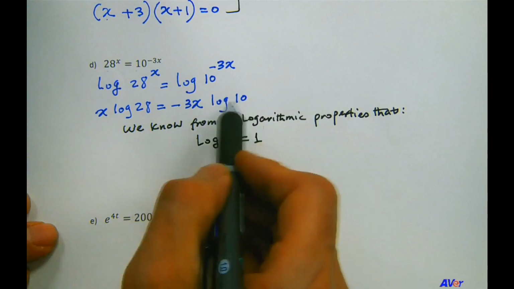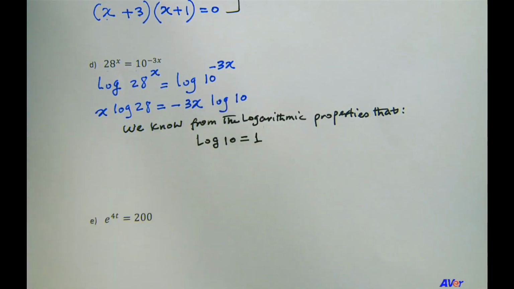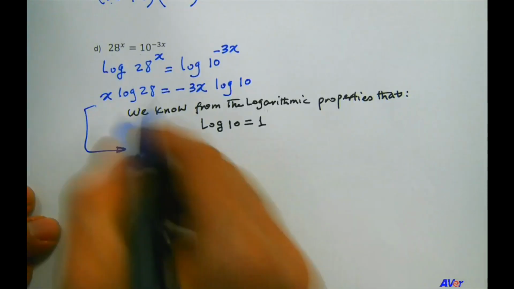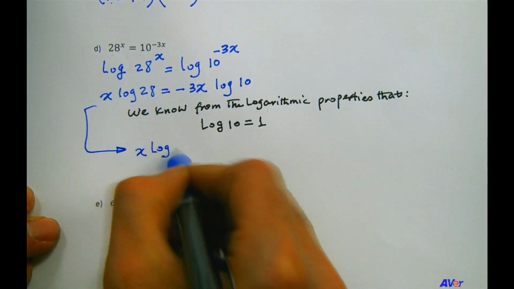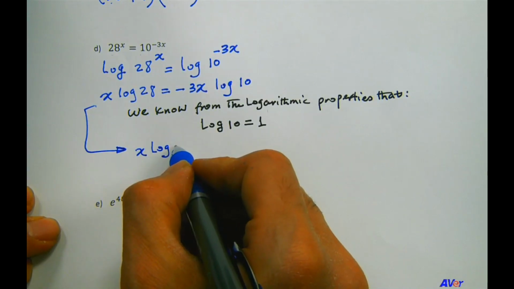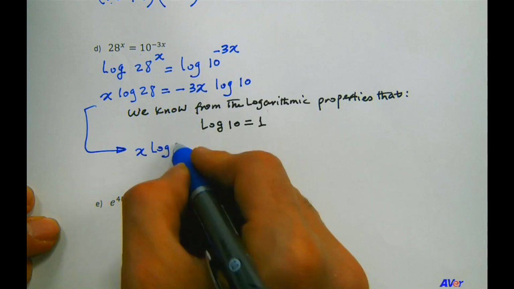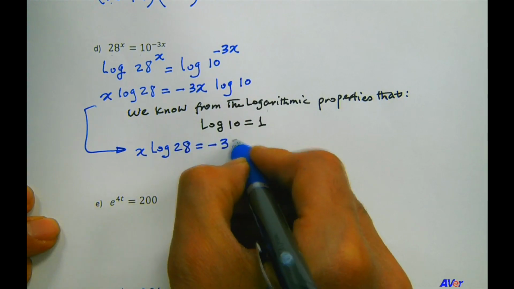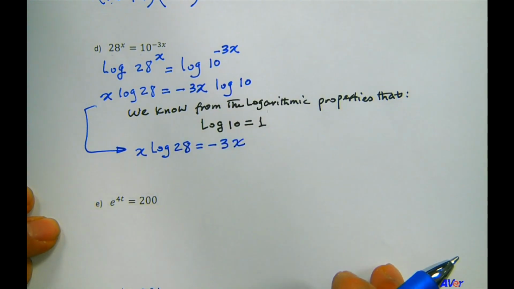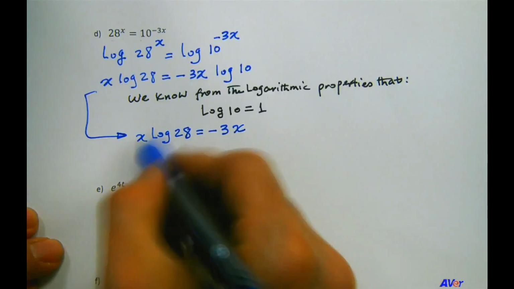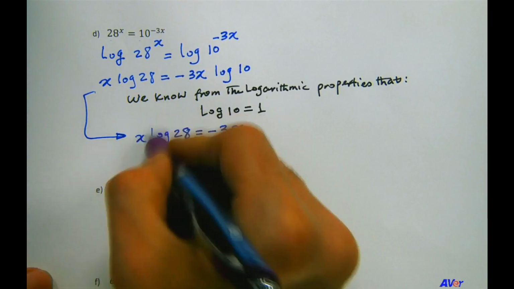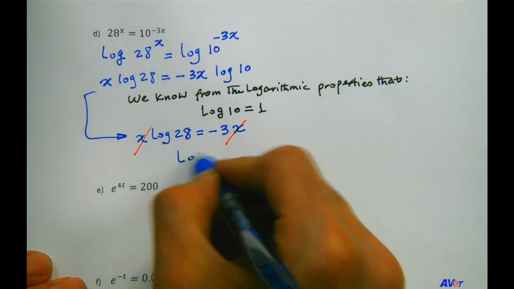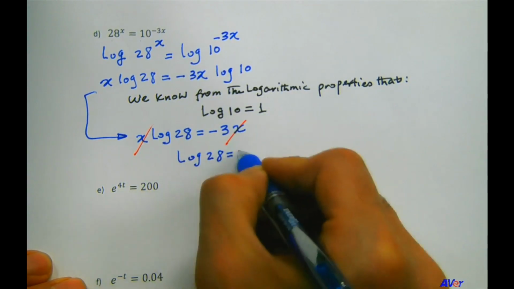So let's replace that into that equation. Therefore, what do we end up with? We end up with the left side, which is x log of 28, equals minus 3x. Okay? Then the x and x can cancel out. And we end up with log of 28 equals minus 3.